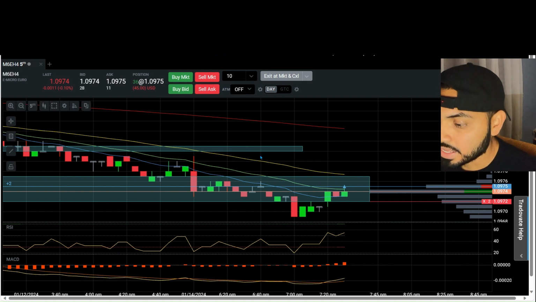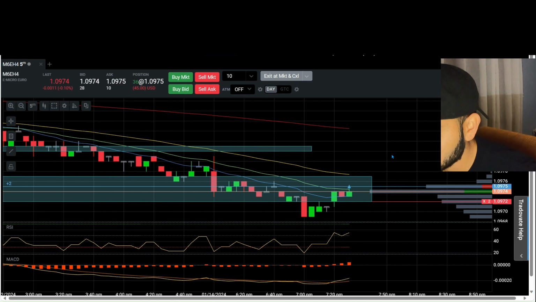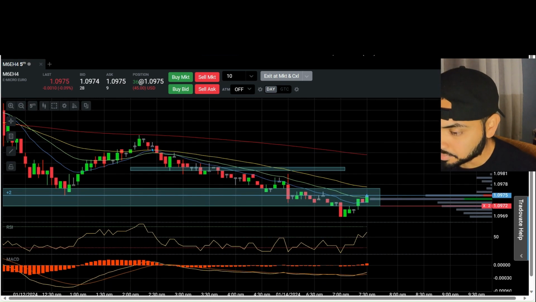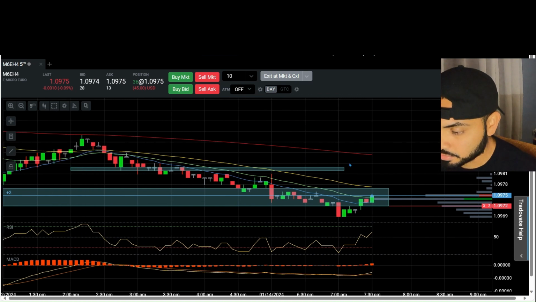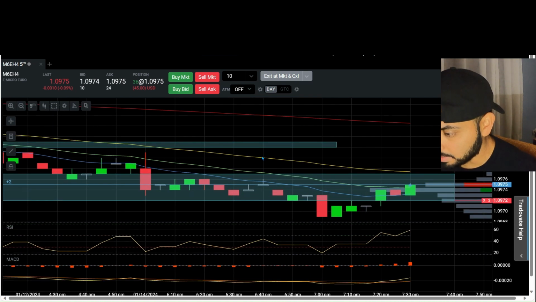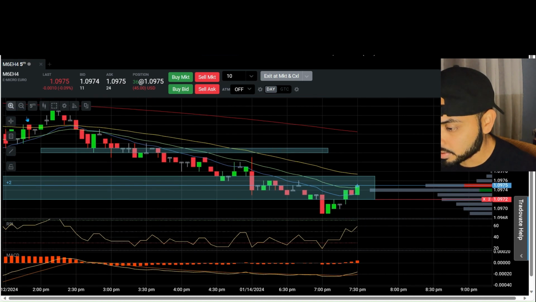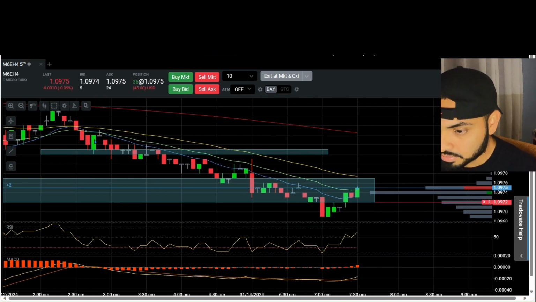So we are entering the euro dollar upon the exhaustion of the play. As you can see, the euro dollar has been trending downwards for quite a significant amount of time, and I'm entering into the exhaustion of it to the upside. It has finally broken above the 13 EMA.